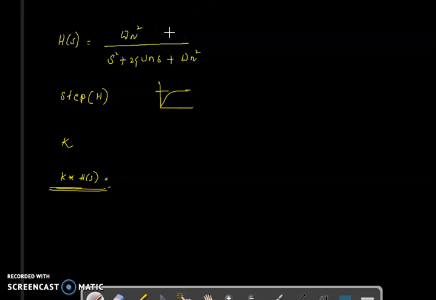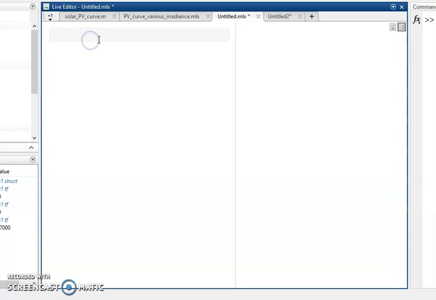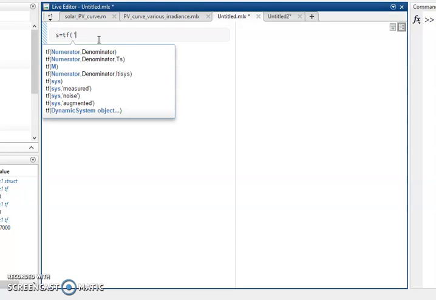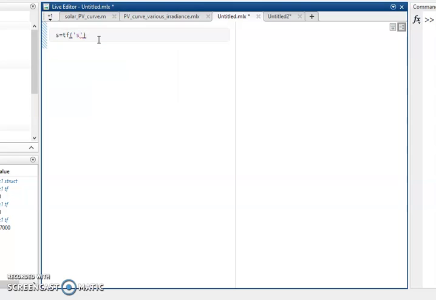Let me take you to MATLAB. A transfer function model is created. So omega is 10 and zeta is represented with z.